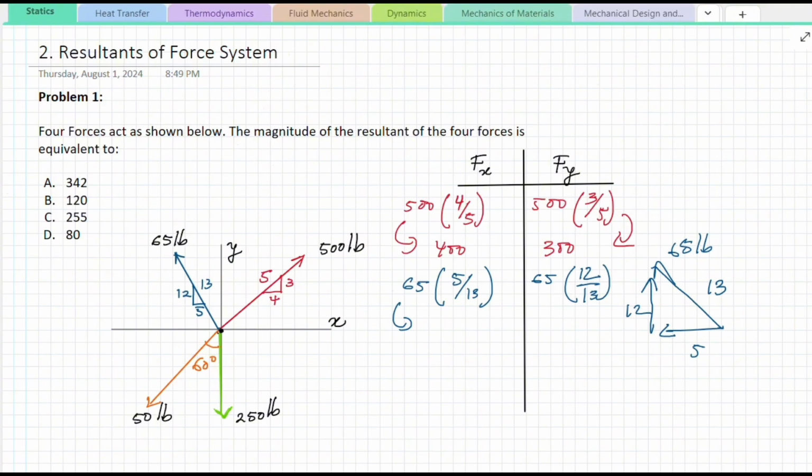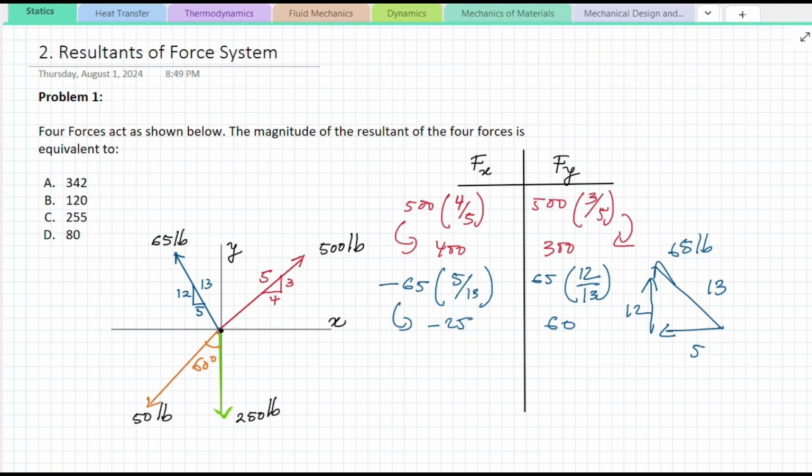The x component is pointing towards the negative side of the x-axis, so our x component will be negative. However, the y component is oriented towards the positive y-axis, so that will be positive. Plugging these numbers into the calculator gives us negative 25 and 60.